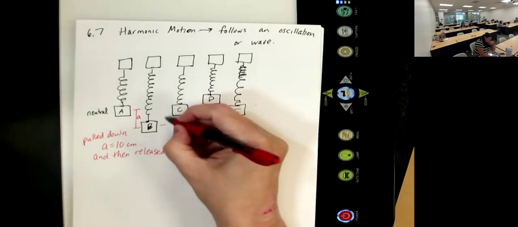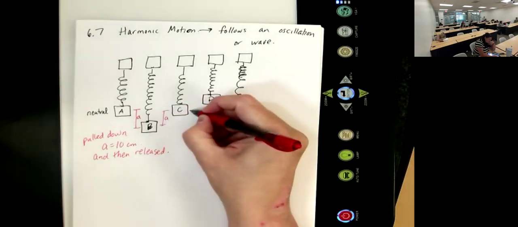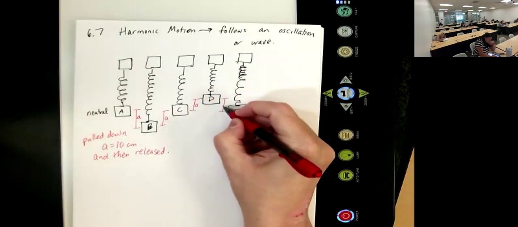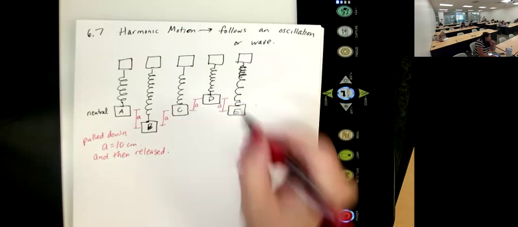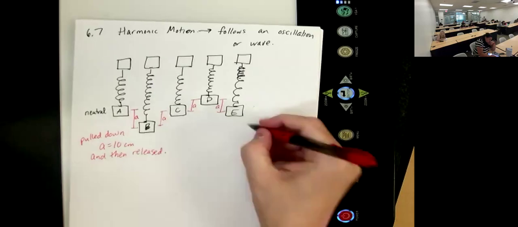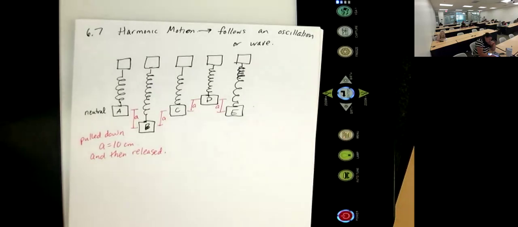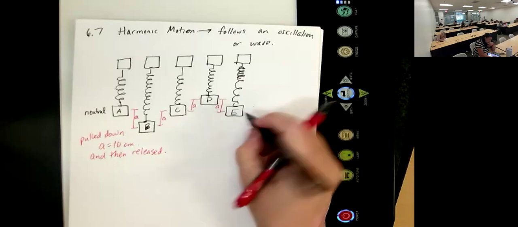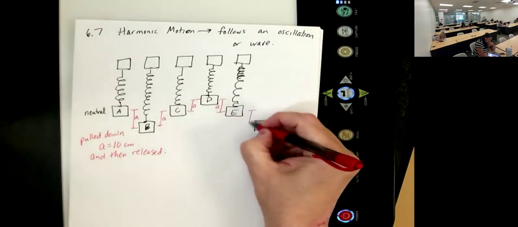So this distance should be A. This distance should be A. This distance should be A. And it'll go back down and be back down at F, down here with again the distance A.